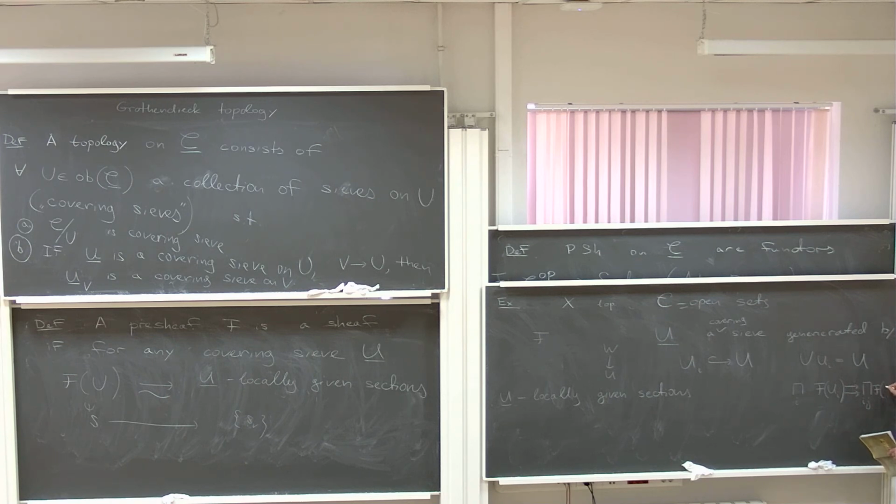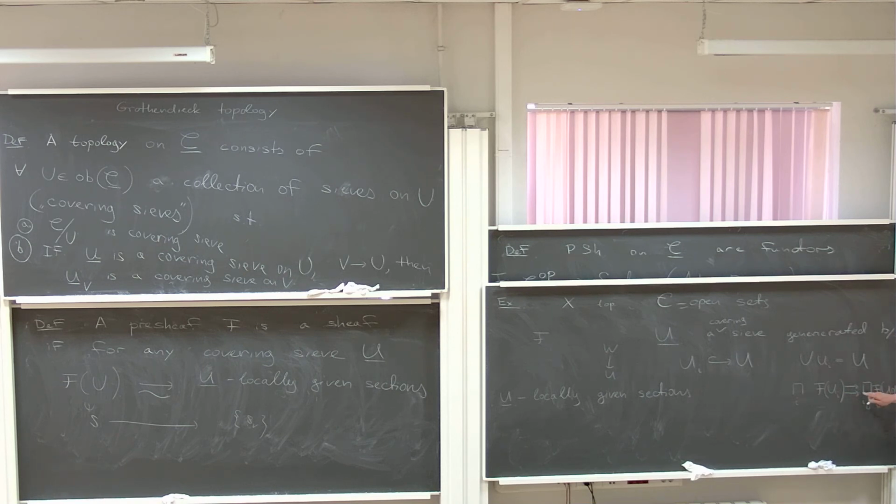U_i intersected with U_j. Is it clear what's written here? If you have an element here, you can construct a collection of elements. For every pair ij, you can construct sections here: just restrict it, use the inclusion from U_i to this.